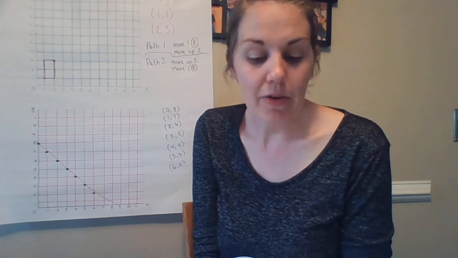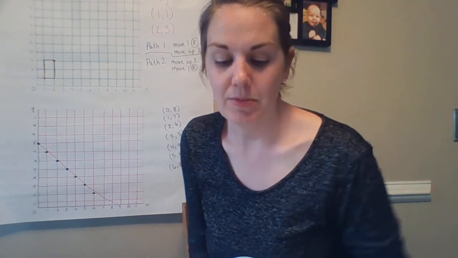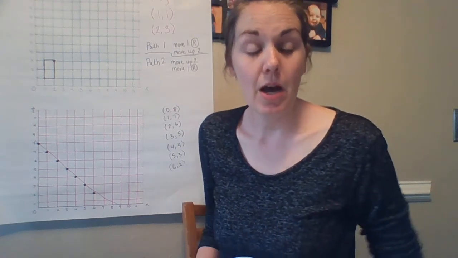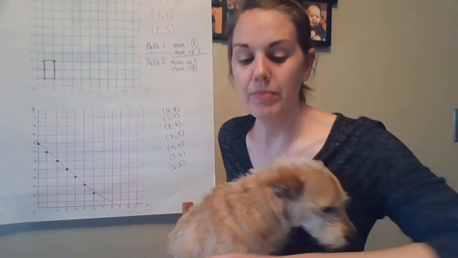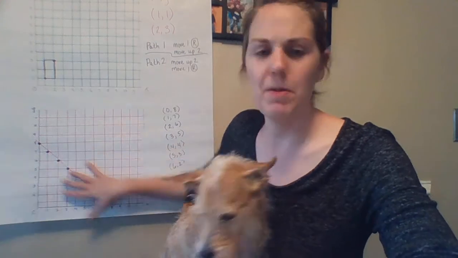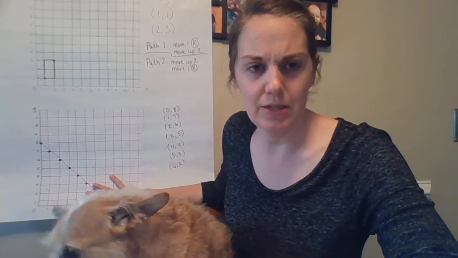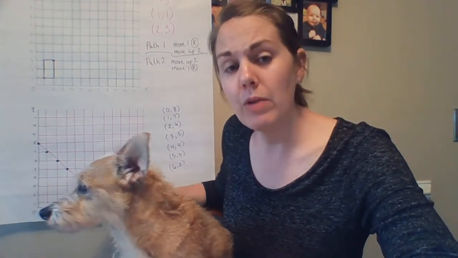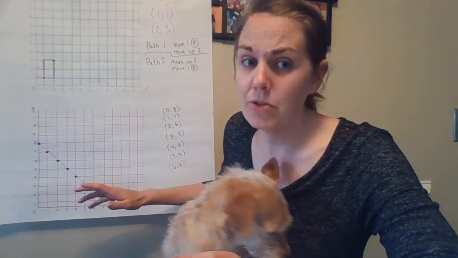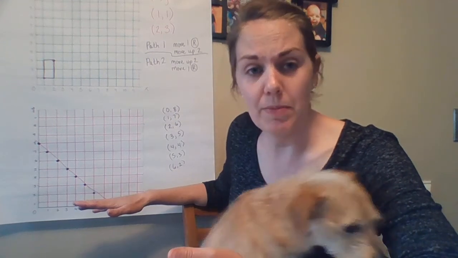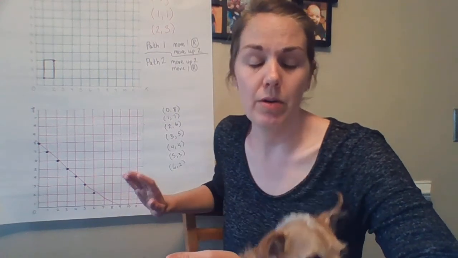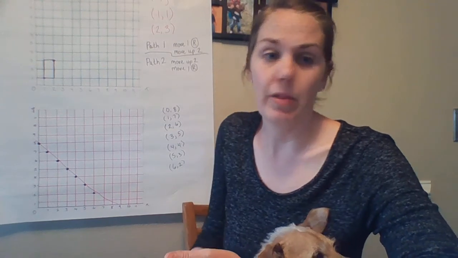Number 7 says, how can you use a graph to represent relationships between 2 sets of numbers? I'm going to let you answer that one on your own, but I want you to think about what is the purpose of displaying our data this way. When we look at data, we've talked in previous grades about how you can represent it with pictures on a picture graph, a bar graph, a line plot.